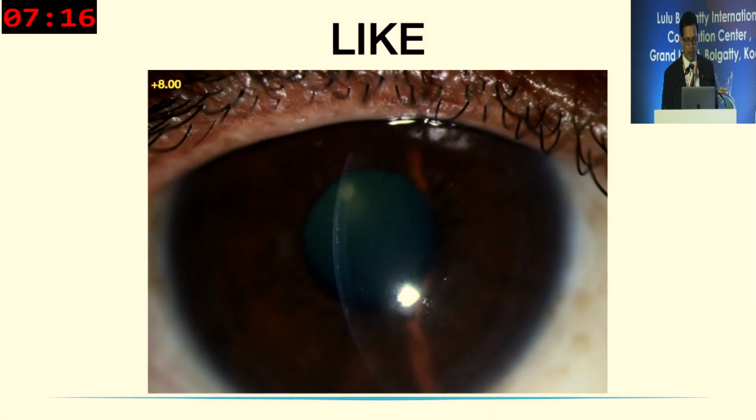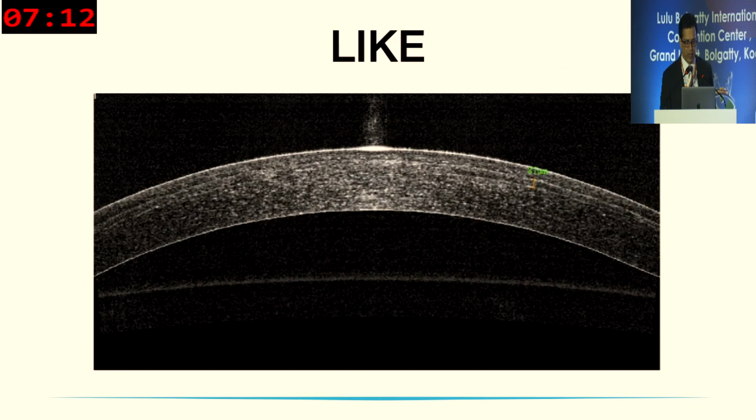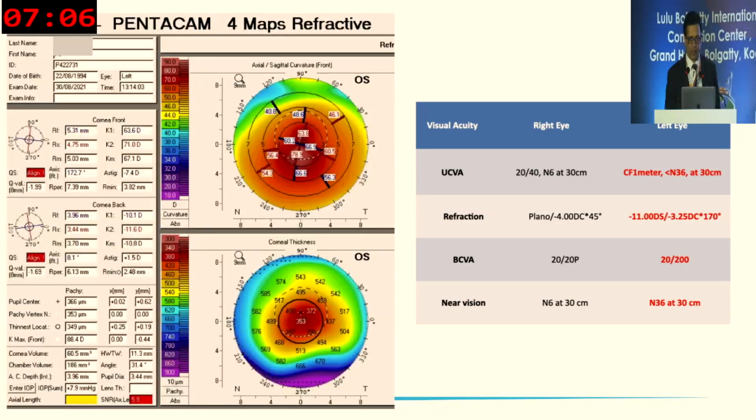So these are long-term follow-ups of a patient who had +8 after this LIKE procedure, and it seemed that the stromal lenticule was well integrated and did not have any reactions or rejection episodes after the surgery. So coming back to our patient, you can see that this patient has visual acuity of 1 meter uncorrected in the left eye, very high refractive error, correcting only to 20/200 with spectacles at this point of time.